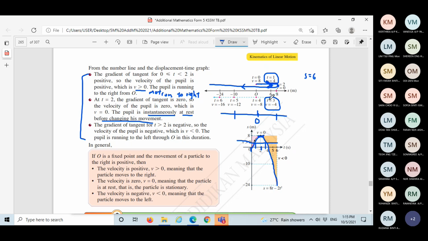But when t is 3, the velocity is negative 4, the particle has now turned direction and is moving to the left.